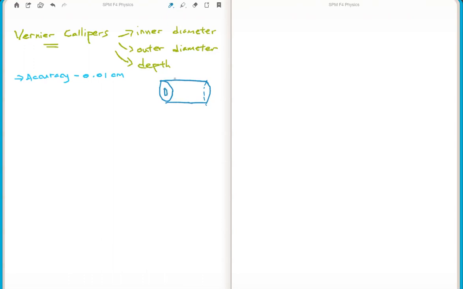So there are two things. One is you measure the outer diameter. So what is outer diameter? Outer diameter is the length from here up to here. You need to find out what this length is. Inner diameter will be the one here to here. This is the inner diameter.